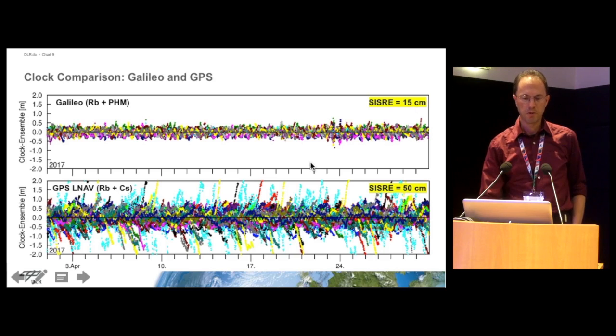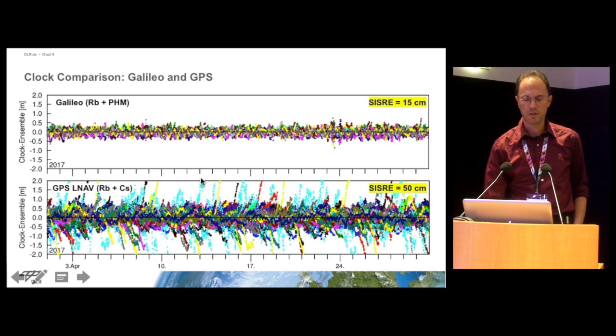For GPS, most satellites are running on rubidium clocks, but there are also two satellites with cesium clocks. You see them here, for example, these cyan indicated satellites with larger deviations, and also the scatter of the other satellites is larger than for Galileo, resulting in a SISRE of about 50 centimeters.